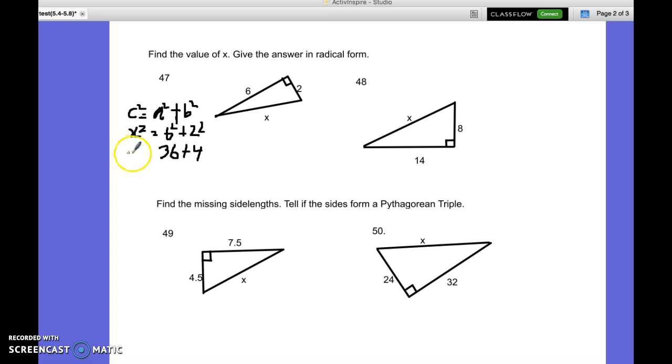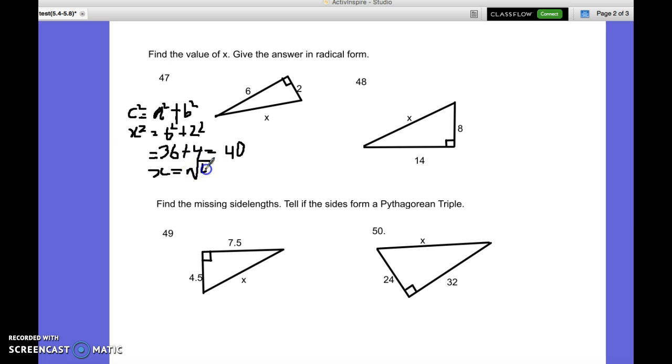So x squared is equal to 36 plus 4, which is 40. And now x will be equal to the square root of 40.